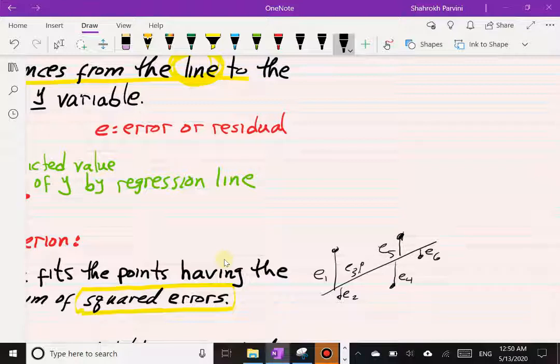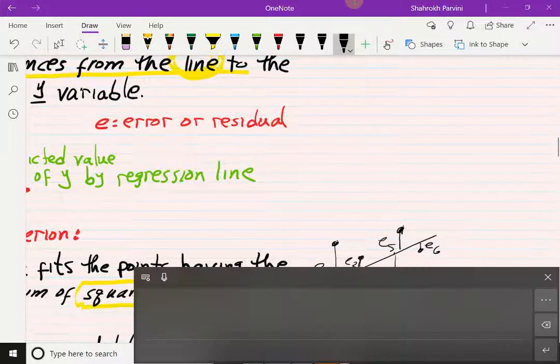Now, just by the nature of the mathematics, which I won't show you, but it's true, folks, trust me, if you look at the sum, sigma of e_i for all i's, the sum of those deviations about the regression line turns out to be 0.